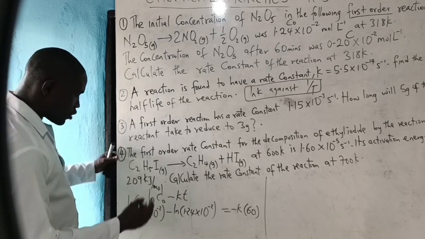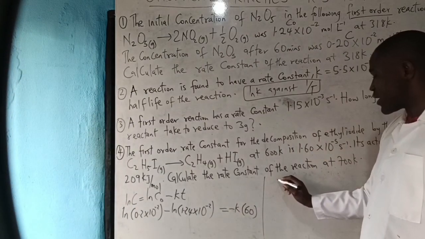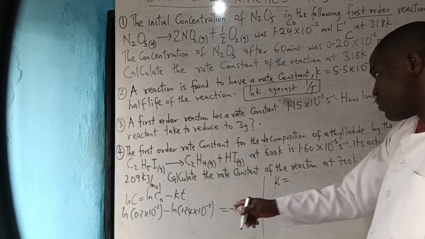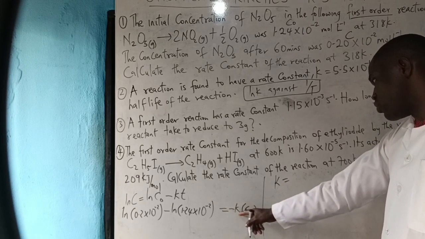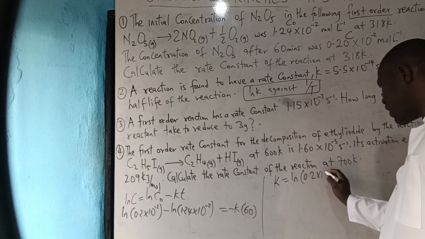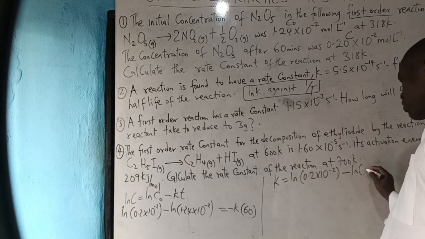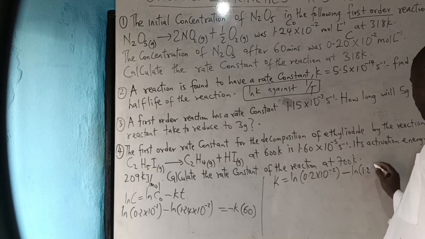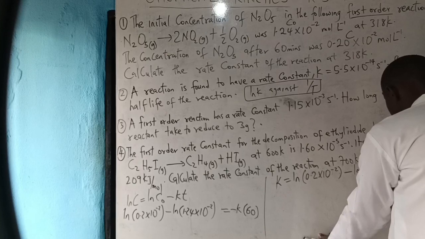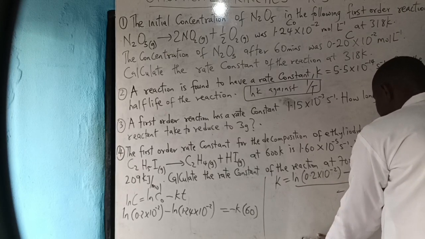And so what will happen is that we now tell them that our K will be equal to ln of 0.2 times 10 raised to the power of minus 2 minus ln of 1.24 times 10 raised to the power of minus 2, all over minus 60.